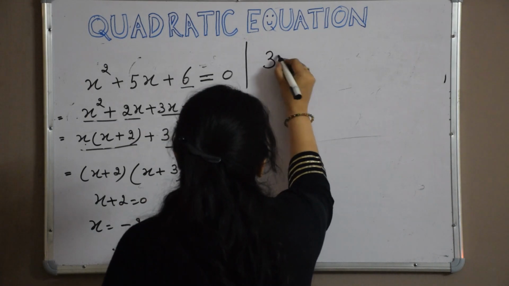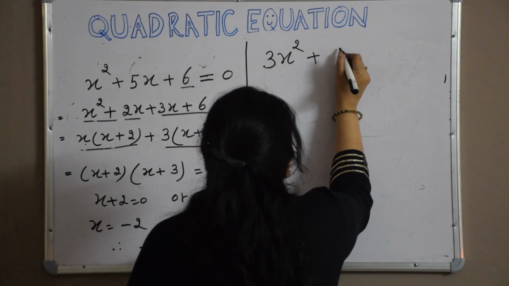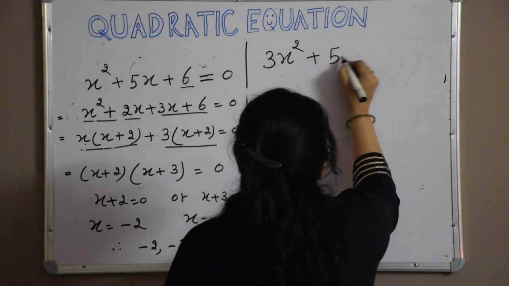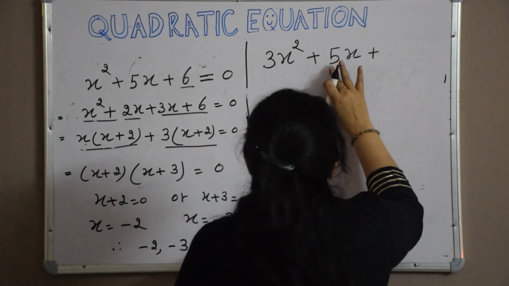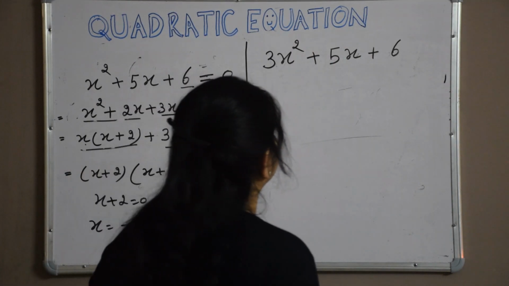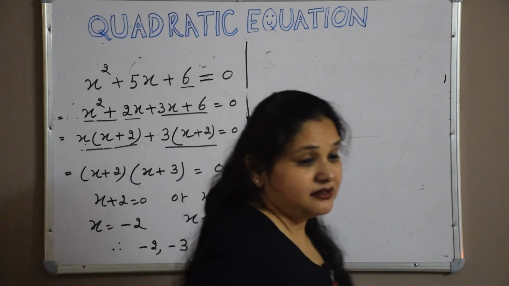The example is (3x square plus 5x plus 6). I am taking another example.